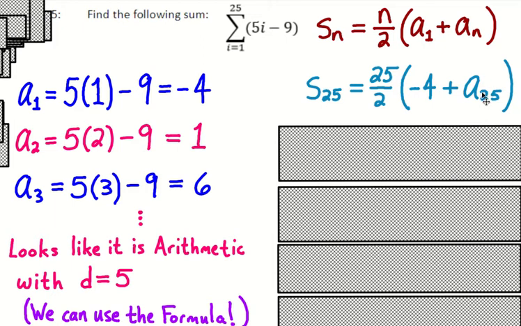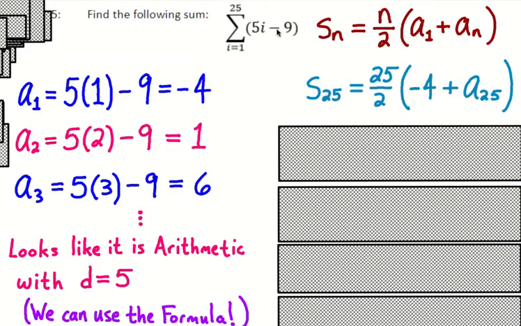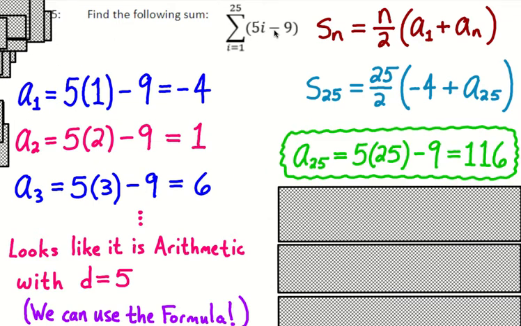And how do I get the 25th term? The last term. Well, I could do this same sort of thing, potentially, but guess what? In this specific situation, all I have to do is plug in 25 in this particular situation.